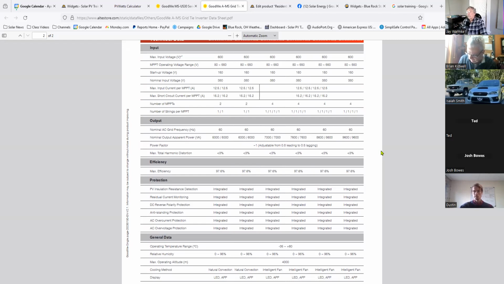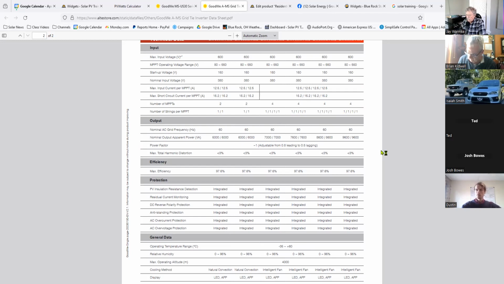Yeah, for sure, there is. In fact, in this case, 8600, I would just simply take 8600 divided by 240, because this is going to be a 240 volt system because it's tied to the grid. And that's just going to tell me that it's 35.83, or basically 36 amps.